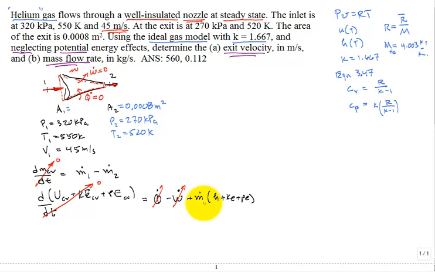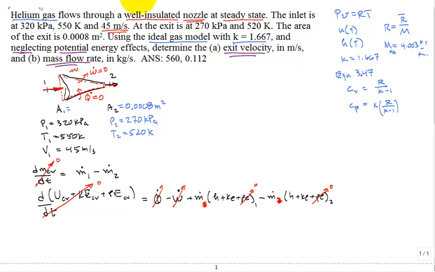So we could put mdot 1, and then H1, KE1, PE1, and then minus mdot 2, H2, plus kinetic energy at state 2 plus potential energy at state 2. We already talked about these mdots being the same, so often you just drop those subscripts. And we're told from the problem statement that potential energy effects are negligible.